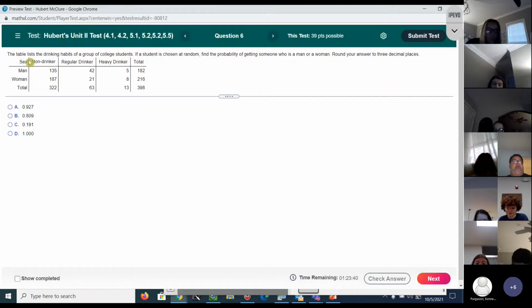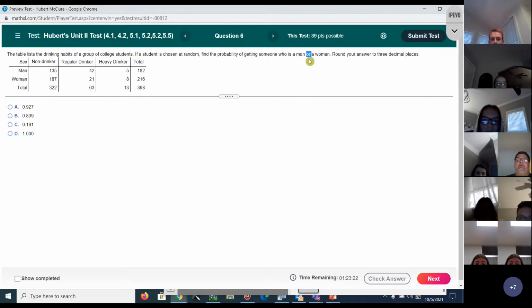The table lists the drinking habits of groups of college students. If a student is chosen at random, find the probability of getting someone who is a man. What's that word right there? Or. What does or mean?